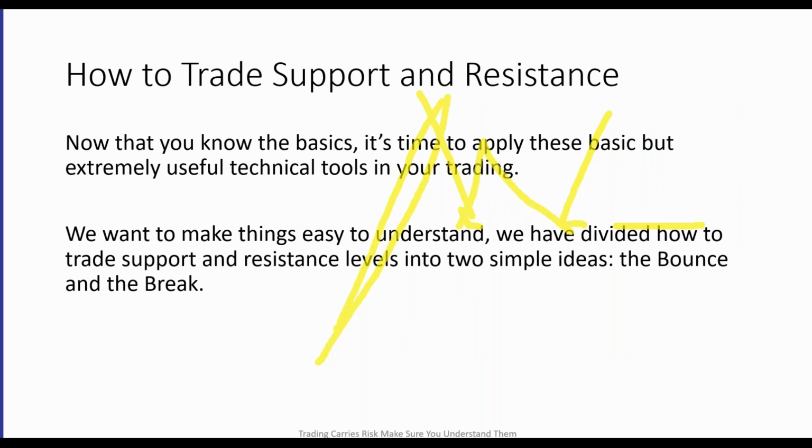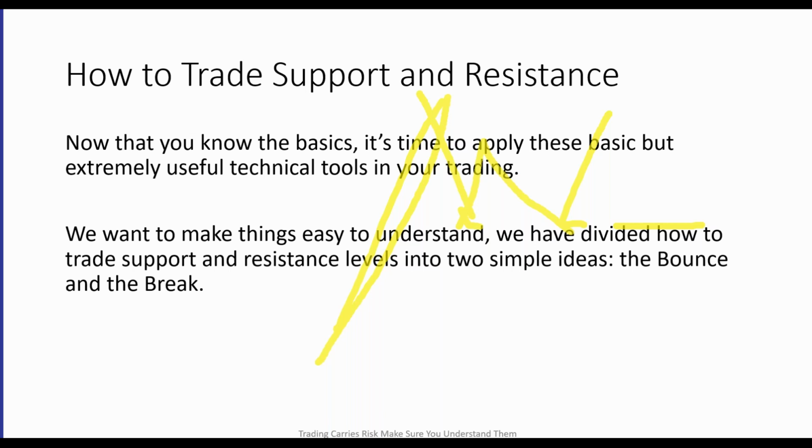So now that you know the basics, it's time to apply these with other technical tools. One of the key ways to interpret your support and resistance levels is combining it with volume. As price approaches a significant support or resistance level, and you're expecting price to break through it or bounce off of it, you should look at the volume.